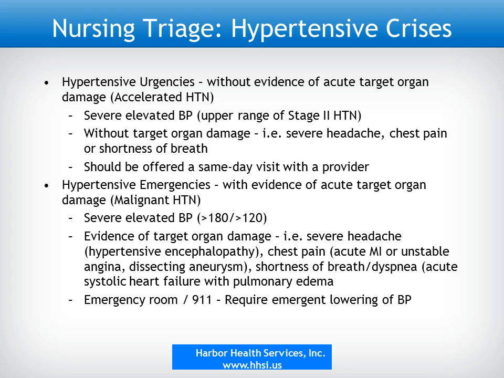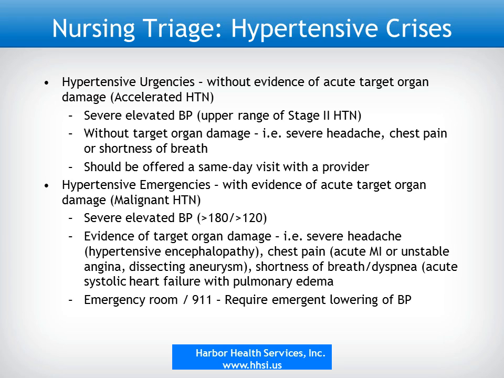I don't have any headache, I don't have any chest pain, I don't have any shortness of breath, but Stacy told me to call if my blood pressure was running high at home. So they should be offered a same day or next day visit with a provider, but they don't necessarily need to be sent to the emergency room if they're not having symptoms, they're not having swelling in their ankles, things like that. No evidence of acute target organ damage.